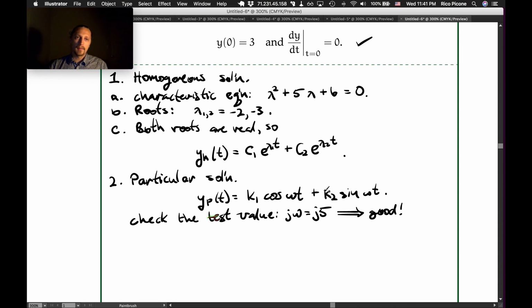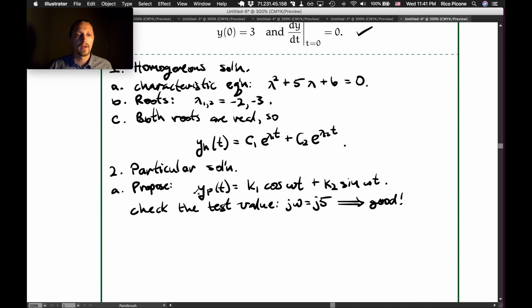The next step is, so, A, propose. B, this is step 2 from lecture 4. Step 2 was to plug into the differential equation.